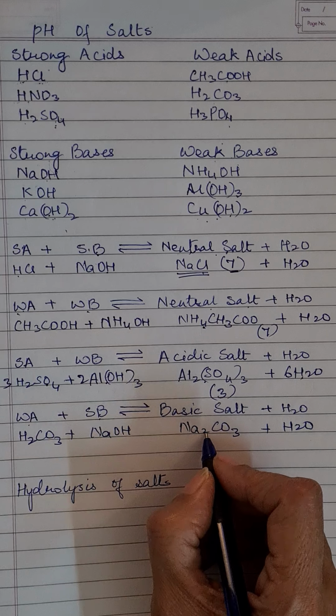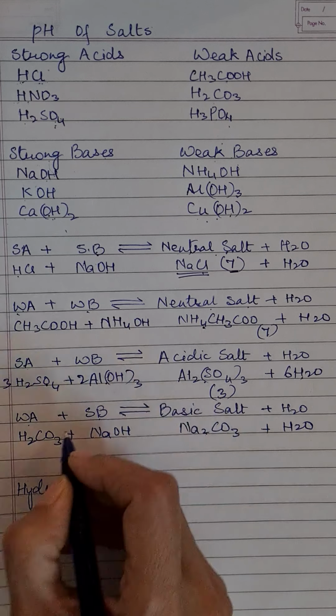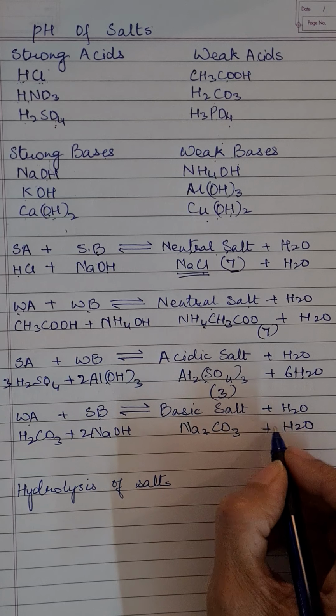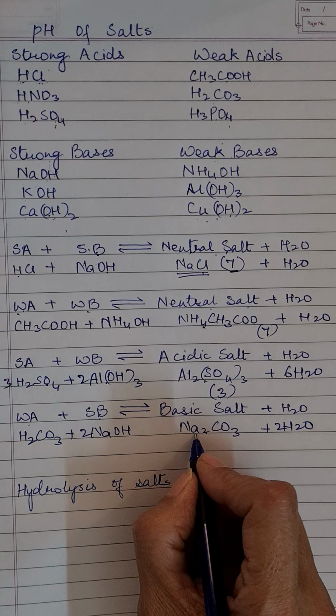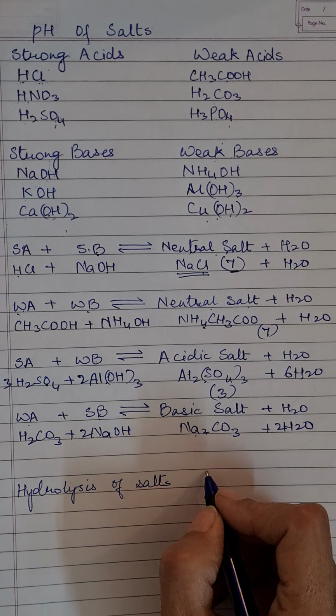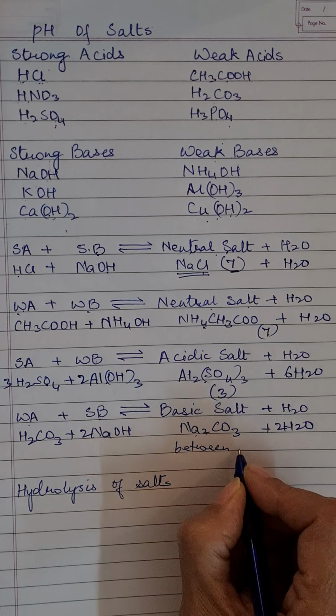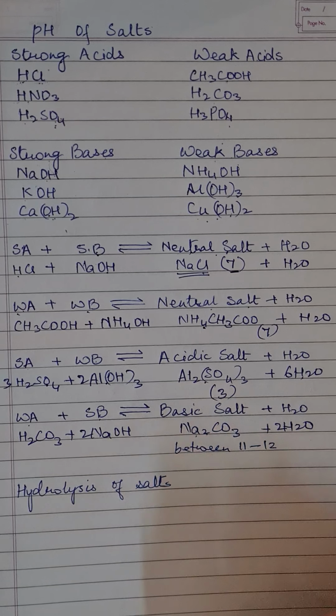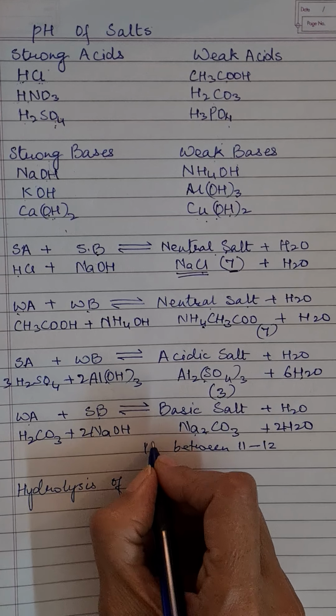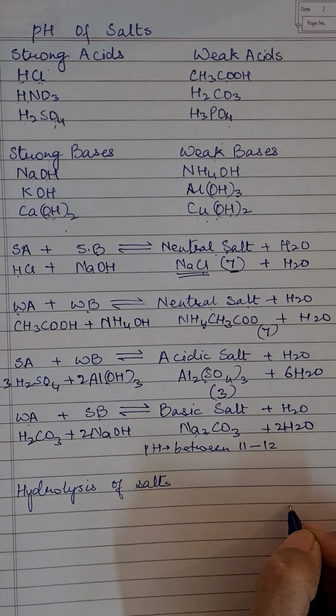Now this sodium carbonate is a basic salt. Why? Because the pH falls somewhere between 11 and 12. The pH value is this.